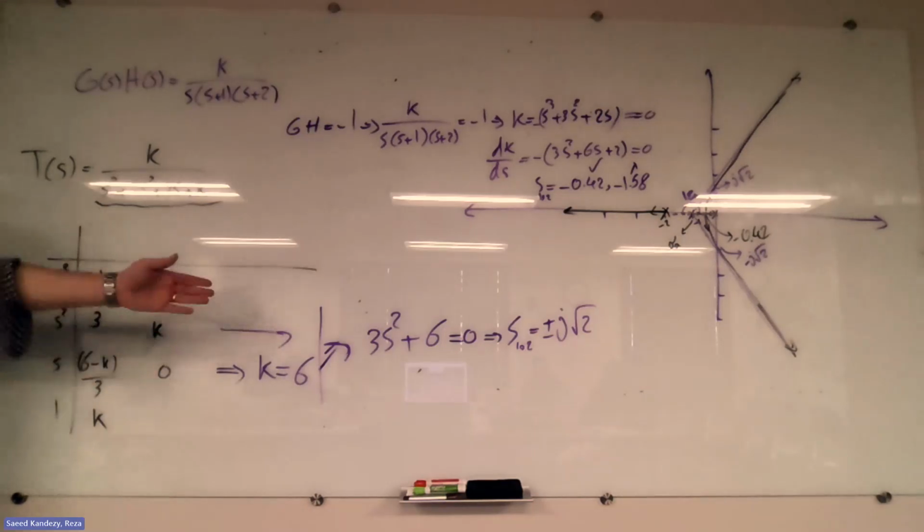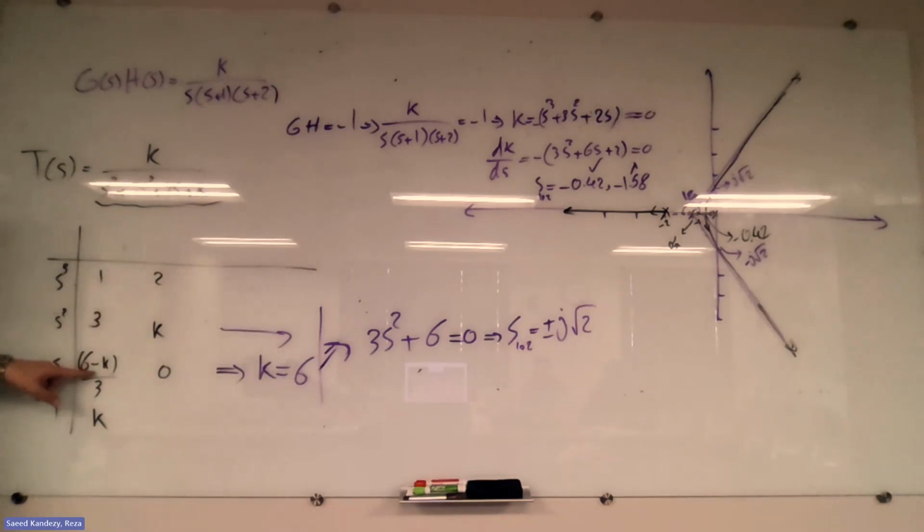If we go further than 6, then the numerator will become negative, so we are changing polarity. That means our stability condition is when K is between 0 and 6. If we go further than 6, we are losing stability. Very good. That's one way to find it.